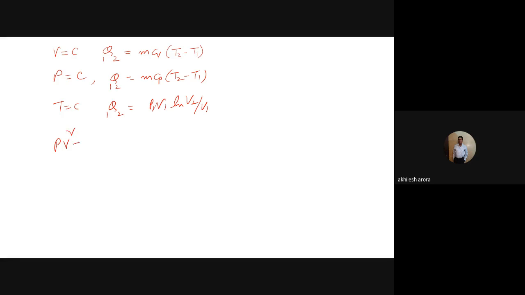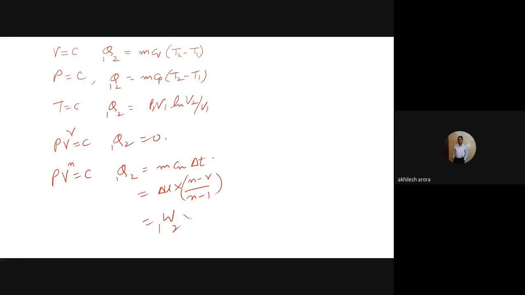For a reversible adiabatic process, the heat transfer is equal to 0, and if it is a polytropic process, in that particular case the heat transfer is given by mCn delta T, which is also equal to delta U into (n minus gamma) over (n minus 1)... It is also equal to W1-2 into (gamma minus n) in the denominator and (gamma minus 1) in the numerator, and the value of Cn here is equal to Cv (n minus gamma) over (n minus 1).